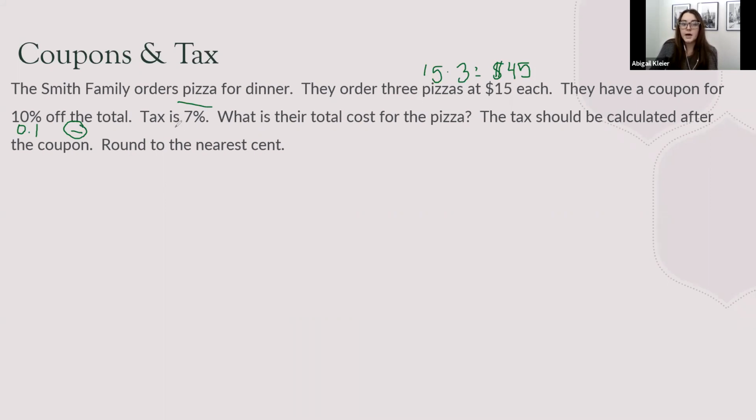Convert again that percent to a decimal. And because that's tax, I know that that is going to need to be added at some point in our problem. All right, now I have broken down each part of the word problem and I can start solving. So they did tell me that the tax should be calculated after the coupon. So we'll solve for the coupon first.